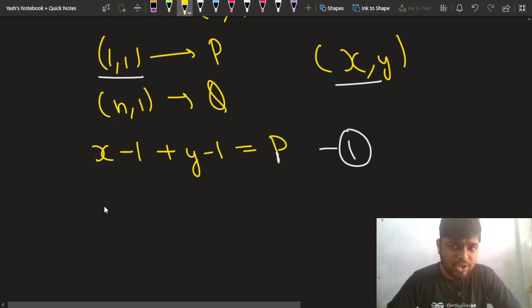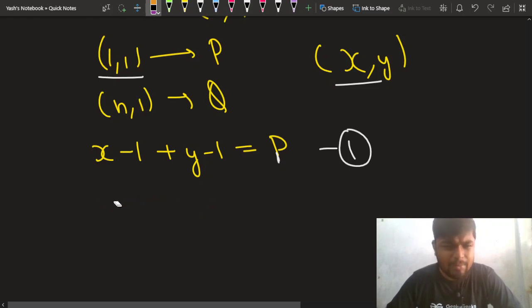Now the other equation will be n minus x plus y minus 1. You can get this cell also, right?